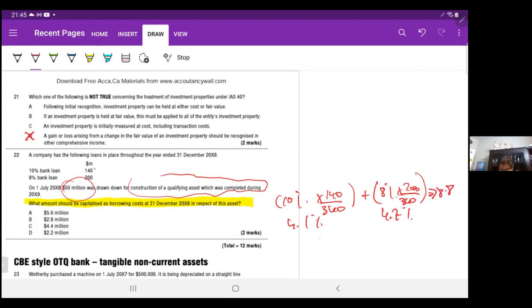So 50 million for the construction of the asset at 8.8%, which was taken on 1st July. So it is for 6 months only. Multiply by 6 divided by 12, and we will get 2.2 million. So the answer is D.